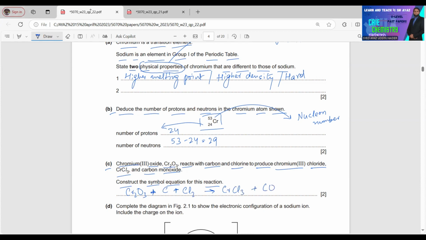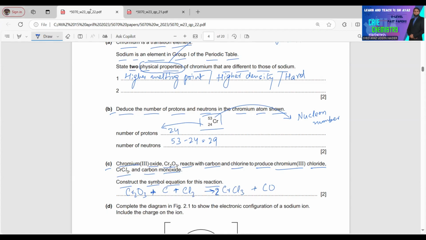It's a 2 marks question, so you need to balance the equation. Let's count the number of atoms of each element on each side. Cr is 2 on the reactant side, but on the product side, it's 1. So if I place 2 before CrCl3, Cr is balanced. What about other elements?